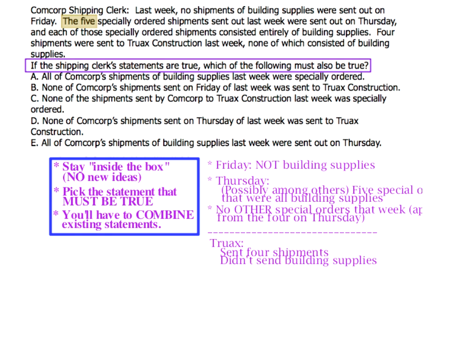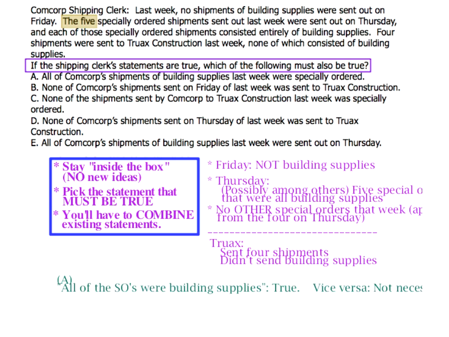But the problem with choice A is that it's backwards. Because there could have been other building supplies that were not special orders. We do know that all of the special orders were building supplies. If choice A said that, that would be true.